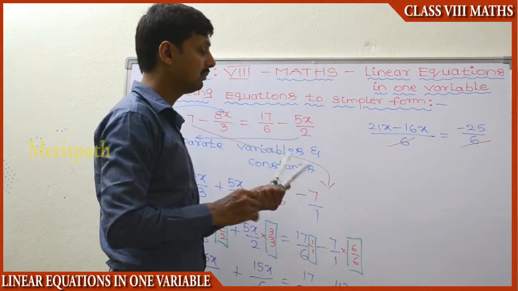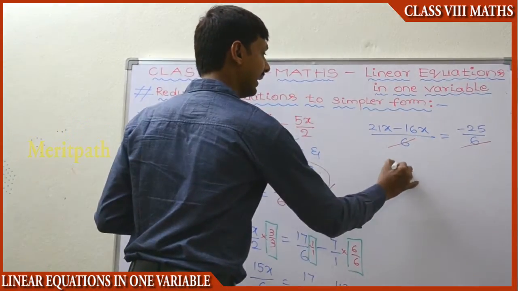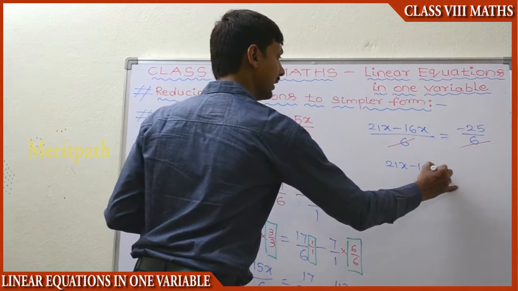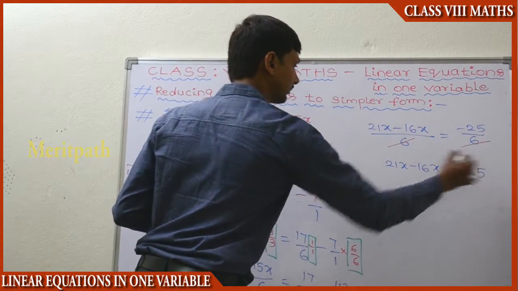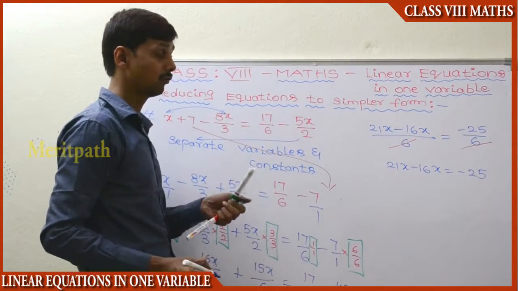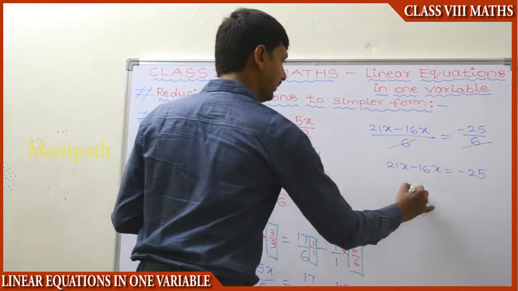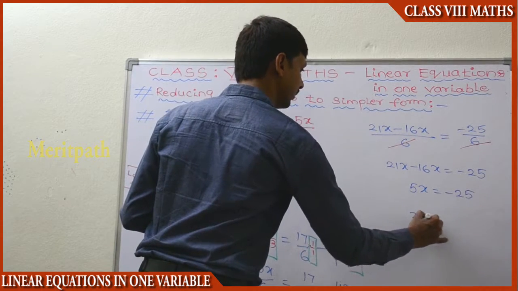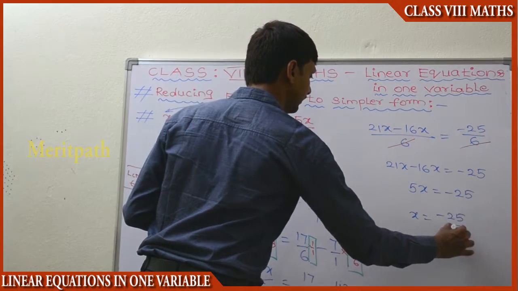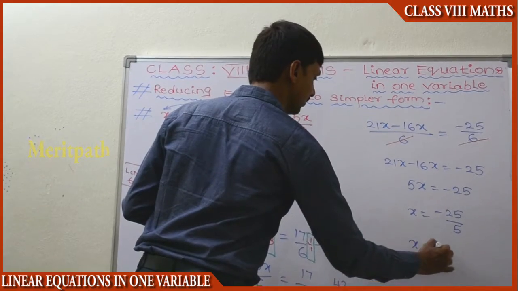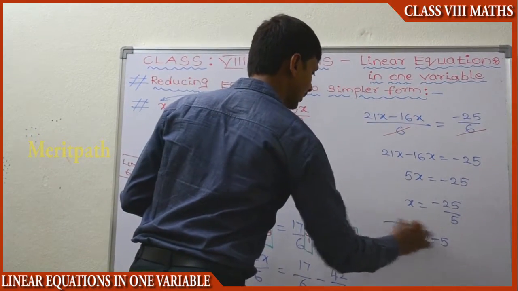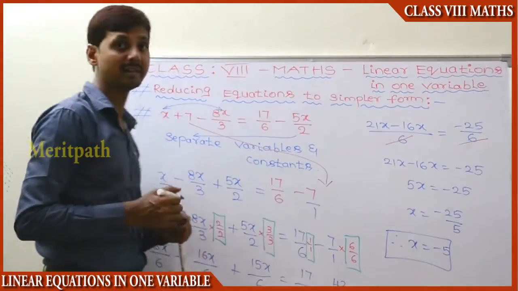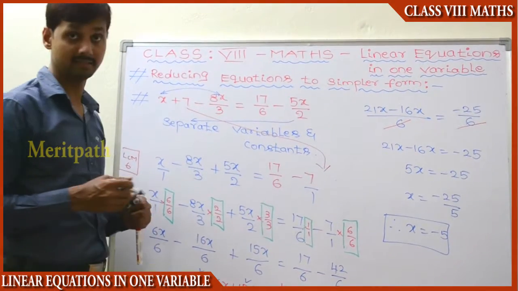So let's simplify this. 21x minus 16x is equals to minus 25. So 5x is equals to minus 25. So x is equals to minus 25 divided by 5. So x is equals to minus 5. So therefore the value of x is minus 5 after solving this equation.